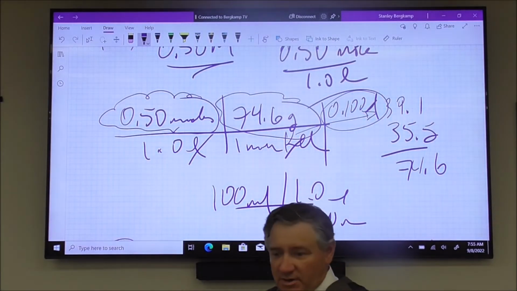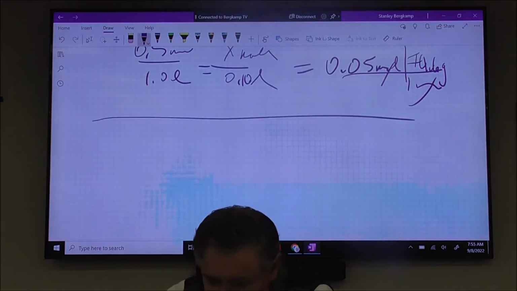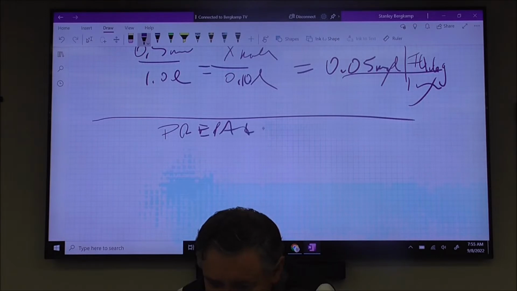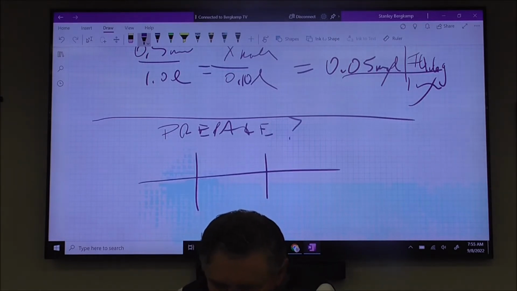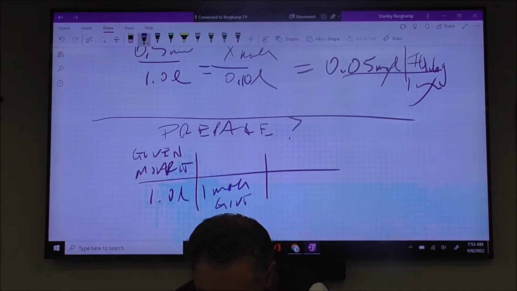Okay? So some people, like I said, live for flashcards. You would make up an index card or something. It's like, okay, how do I prepare a solution? I'm going to put given molarity here over 1 liter. I'm going to put 1 mole of given down here.